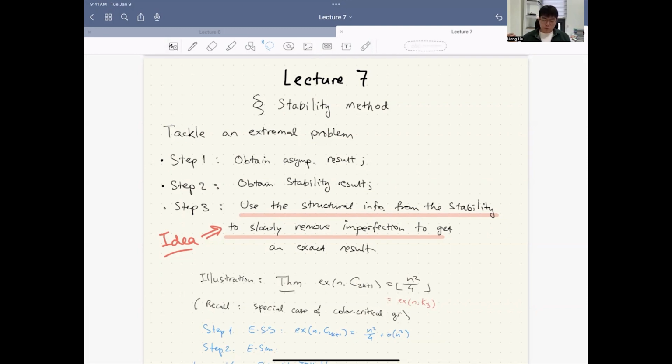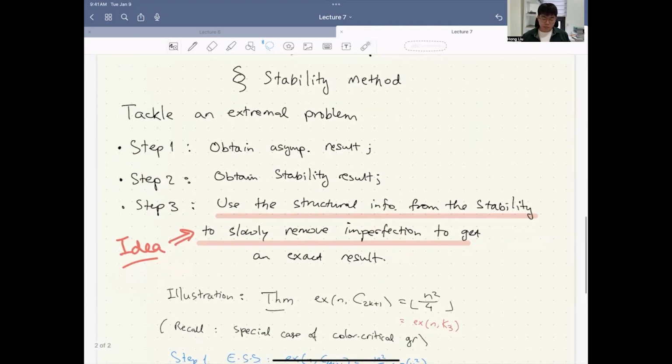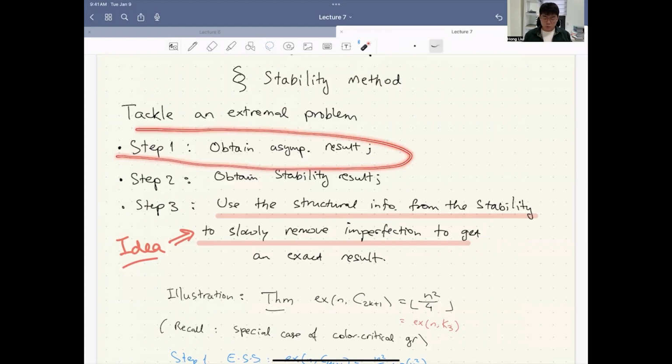This is a way of utilizing stability type results. So what is a stability type result? You have an extremal problem with a unique maximizer, extremal structure, and any almost extremal one looks like that. So this method is saying, let's recall, the recipe: we take an extremal problem, and the easier result to obtain is, instead of solving this extremal problem exactly, let's try to solve it asymptotically.